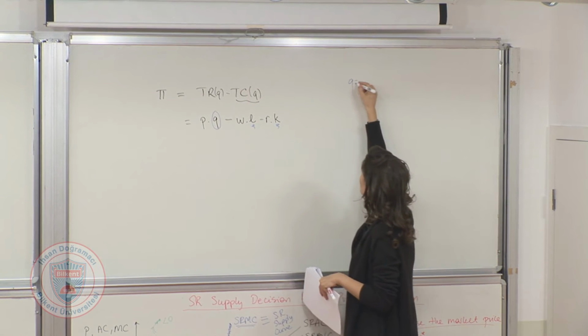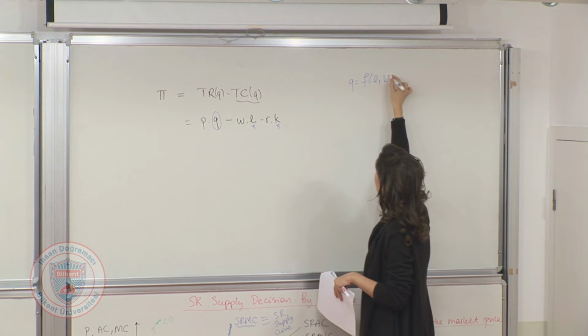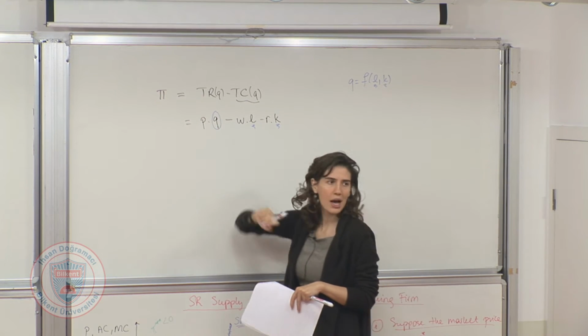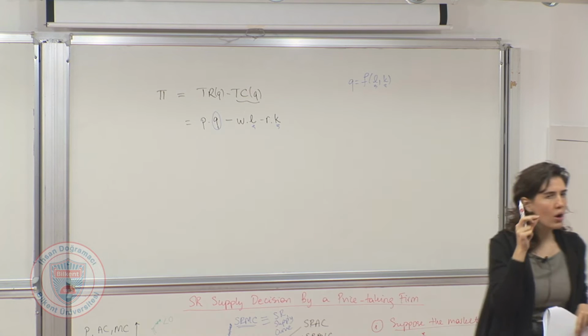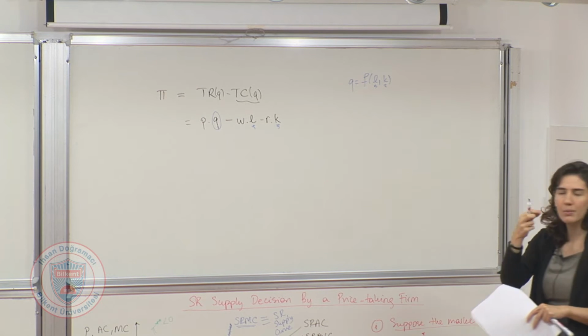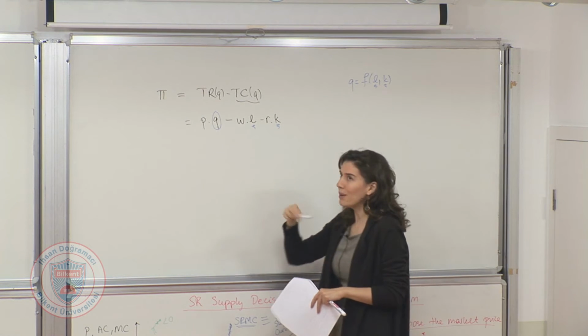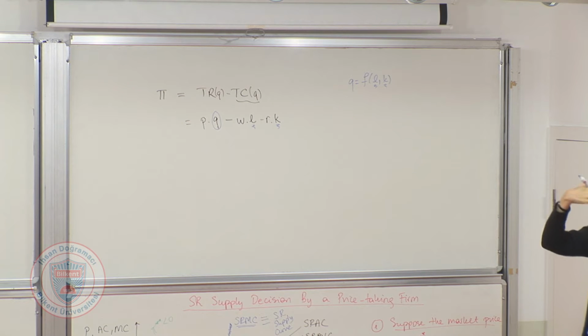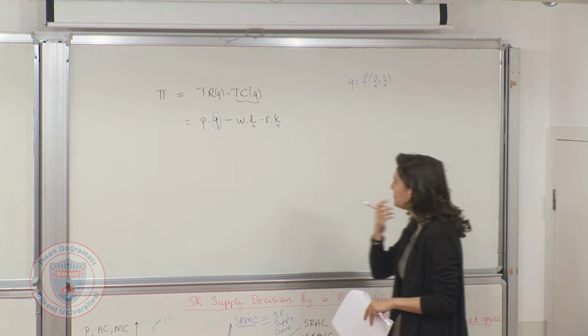Remember our production function, it was f of L, K. So if you decide on L and K, you would also decide on your Q. In the cost minimization, we weren't deciding on Q, we were doing it for a given Q. So it was the minimum cost for a given Q. But then we learned how to decide on Q as well, from the profit maximization problem.